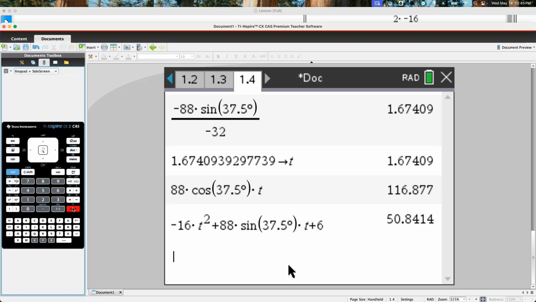It reached a maximum height of 50.8414 feet.